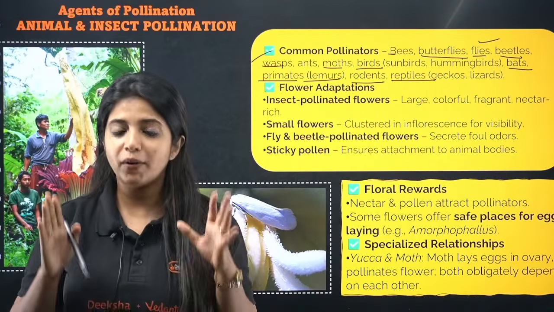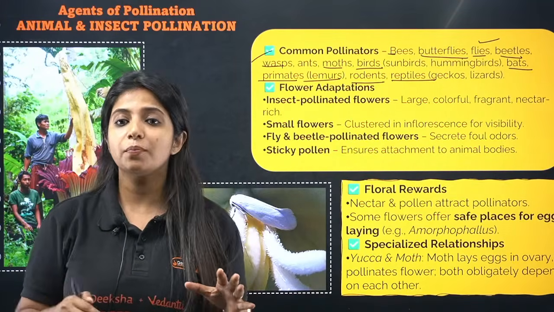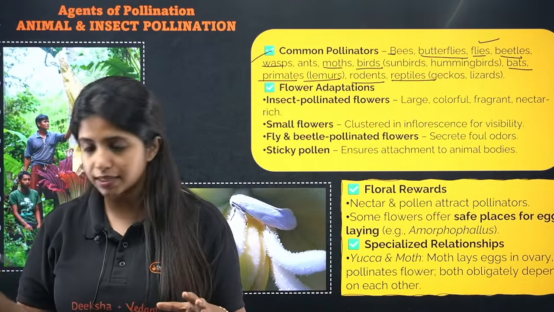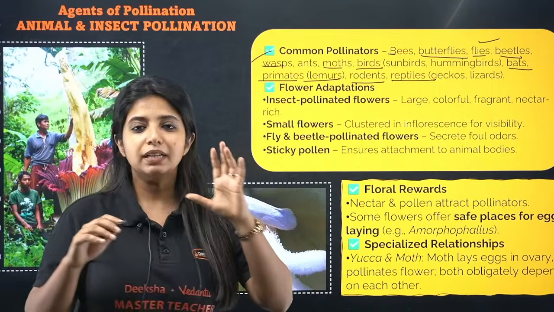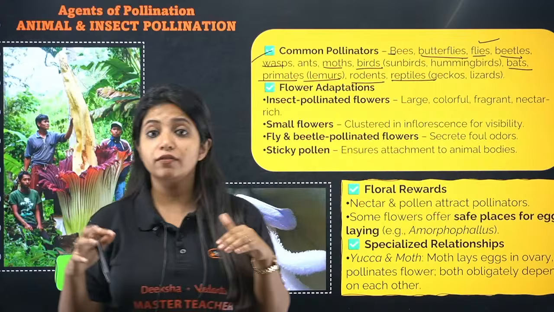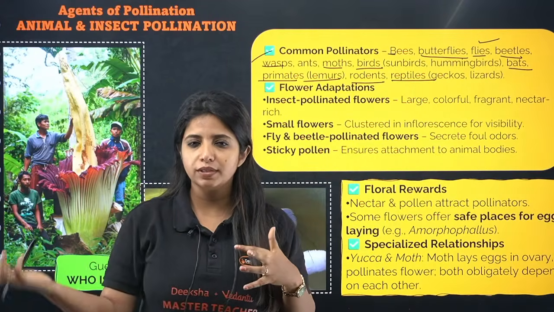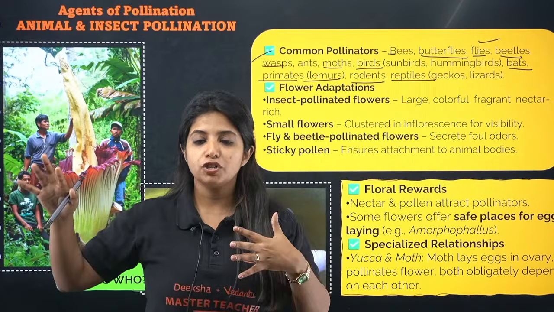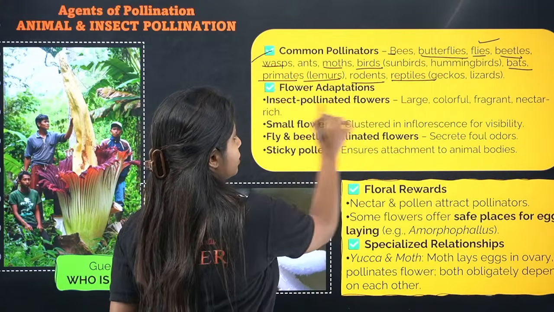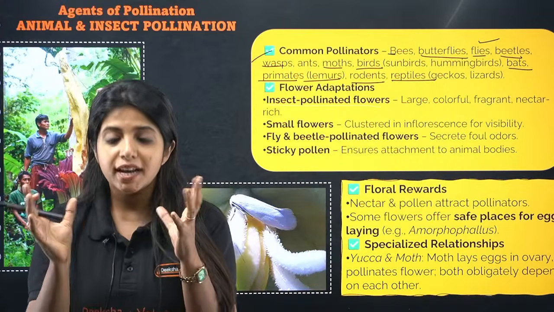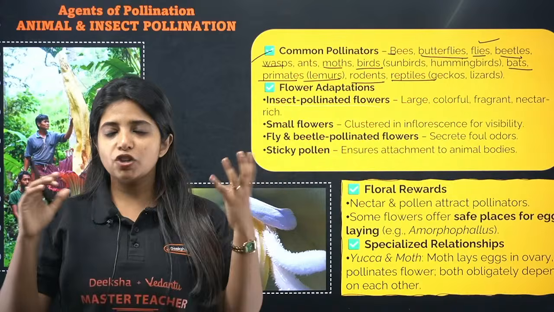So these are the common pollinators that you have, and now we're going to talk about the flower adaptations. This is very, very important. What are the adaptations or features of the flowers which undergo animal pollination or insect pollination? In insect pollinated flowers, the flowers have to be large and colorful.